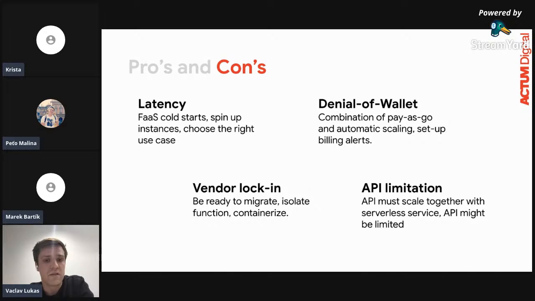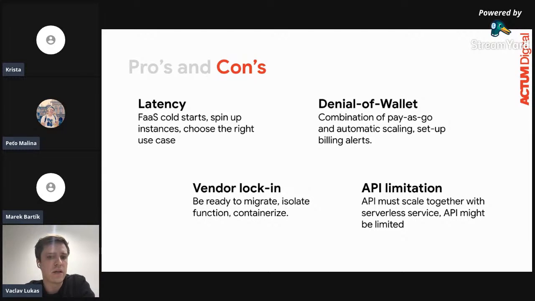So we have latency here. You might ask, how is there latency when there should be no server? And again, a great question. There are servers, of course, but you don't necessarily have to see them. You don't have to worry about it. You don't have to manage them. The thing with the latency is that it is connected to the pay as you go.